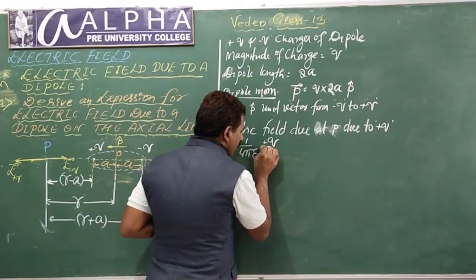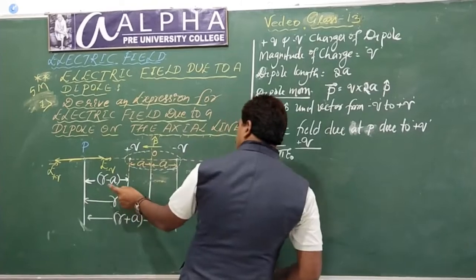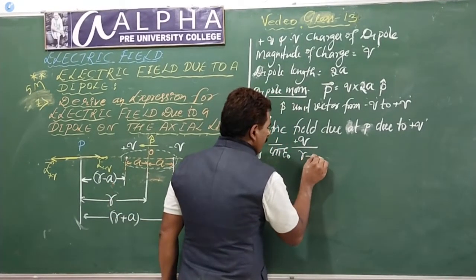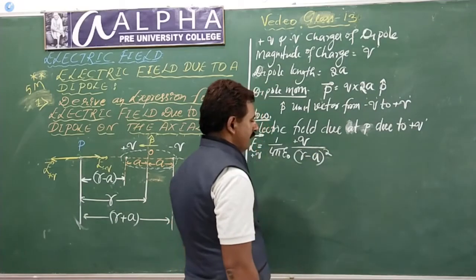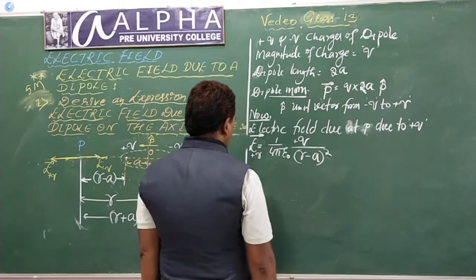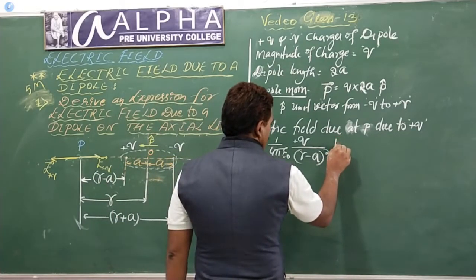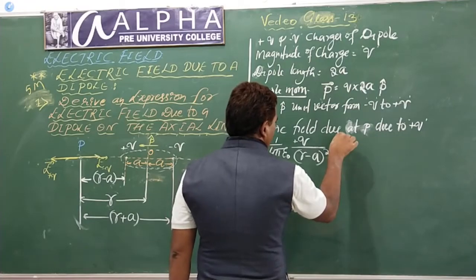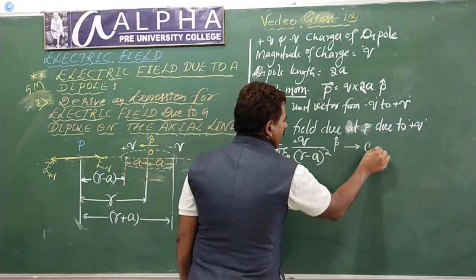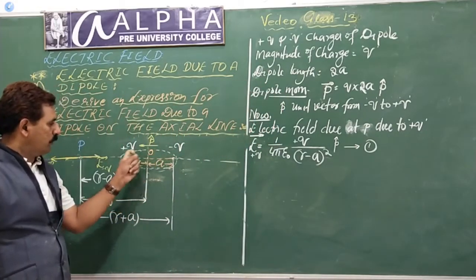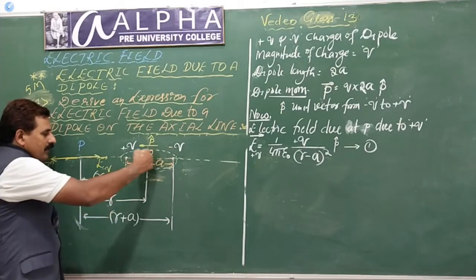Plus Q, divided by the distance of plus Q from P, that is R minus A squared. And the direction is along the direction of dipole moment. You may call this equation 1. Dipole moment is from minus Q to plus Q, in the same direction as E plus Q.